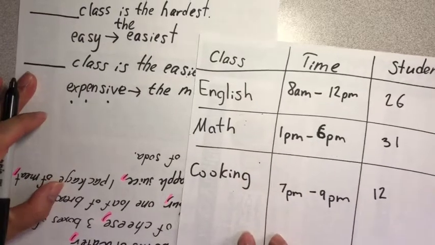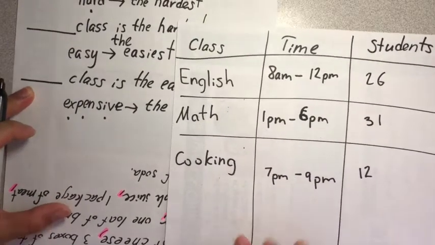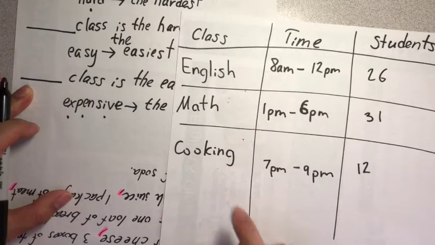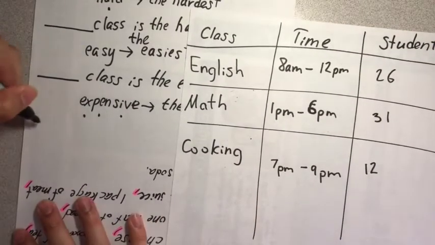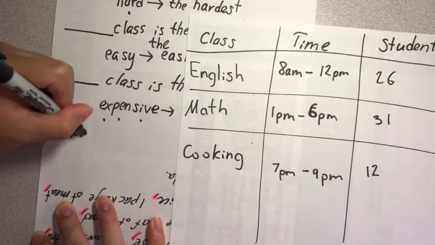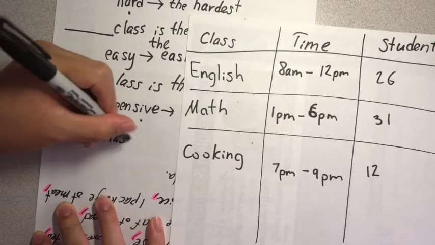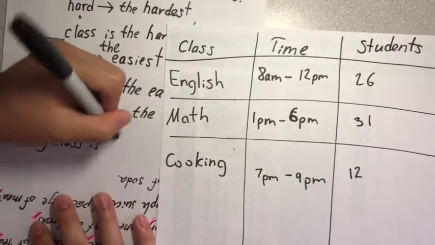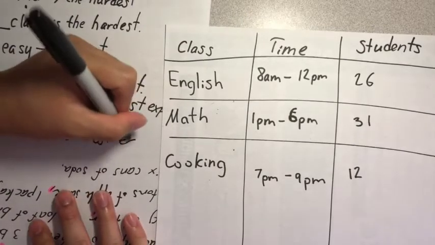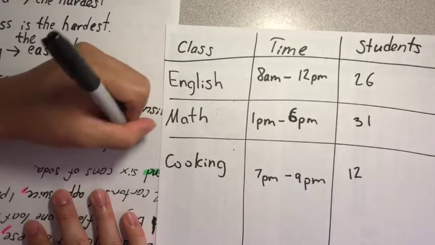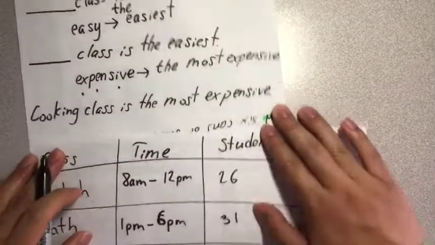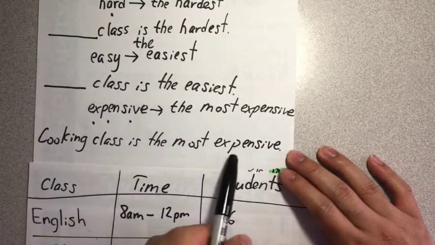English, math, or cooking? I think cooking is the most expensive class because you have to pay for the food. So I'm going to say cooking class is the most expensive.